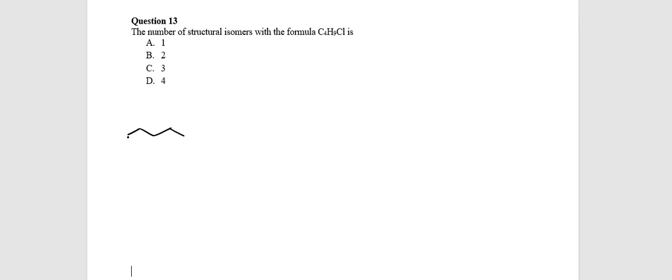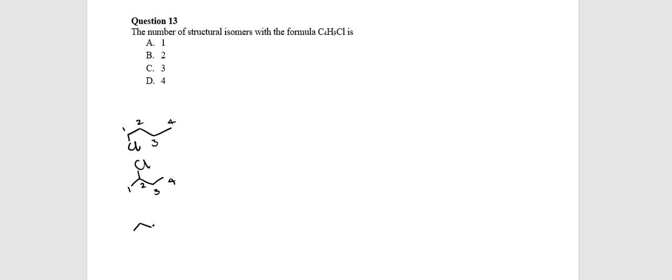So the first possibility is to have the chlorine linked to the first carbon. 1, 2, 3, 4, and as you can tell, I have actually drawn one too many, so I need to delete them. Okay. The second case is having the chlorine here, so now it is linked to the second carbon.